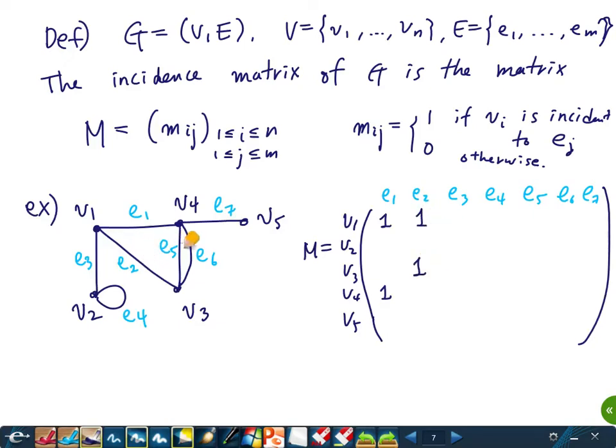And E3, 2 endpoints are V1 and V2, like that. And E4 is at V2, but we put only 1 there, so if it's a loop, we have only one 1. E5, V3, V4. E6, 3 and 4, the same. E7, 4 and 5, like that. And zeros elsewhere.